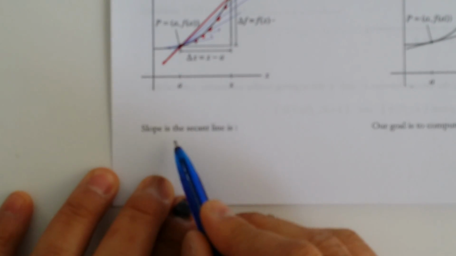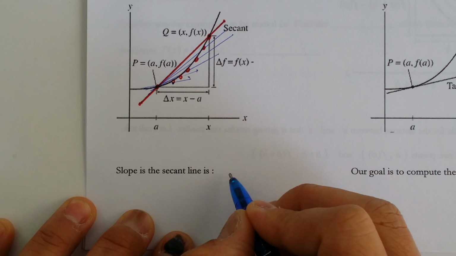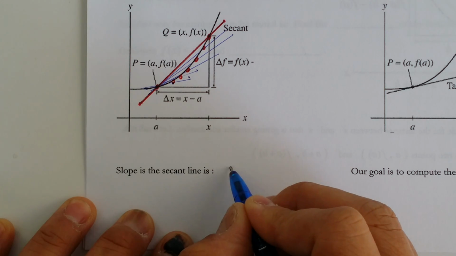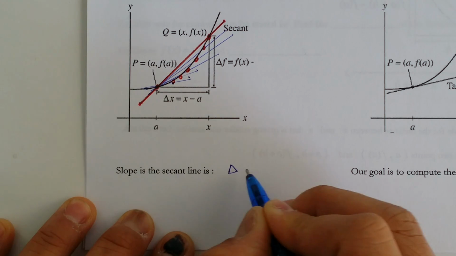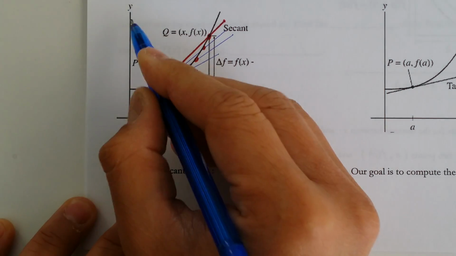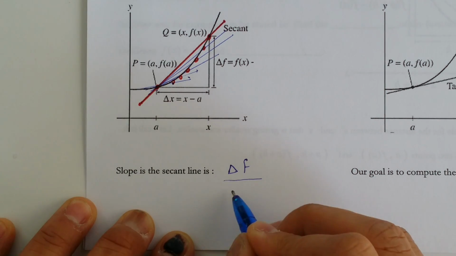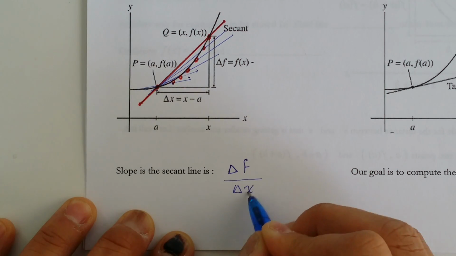Our goal is to compute the slope of the tangent line, which is this guy. Let's say we want to find the slope of the secant line. The slope of the secant line is really the change in the f function, also known as the y value, over the change in the x value.